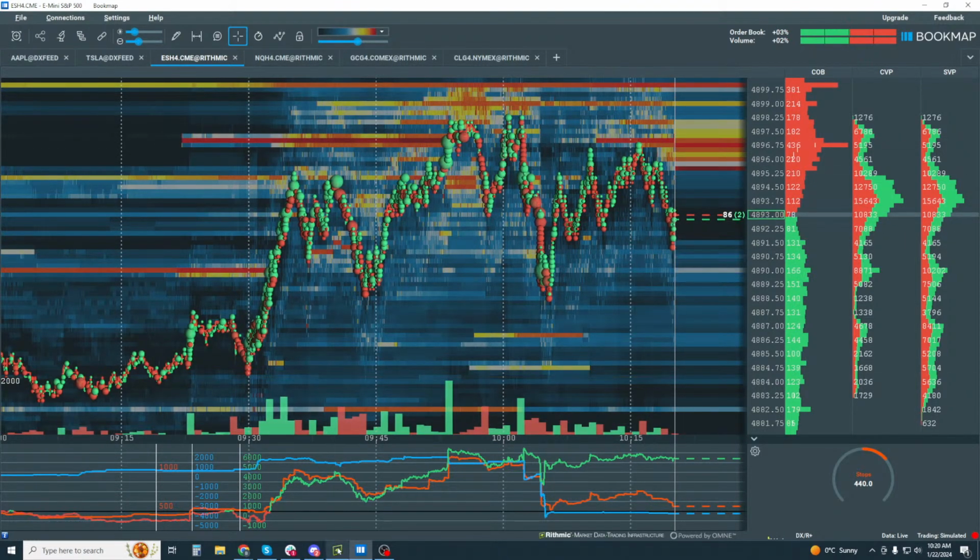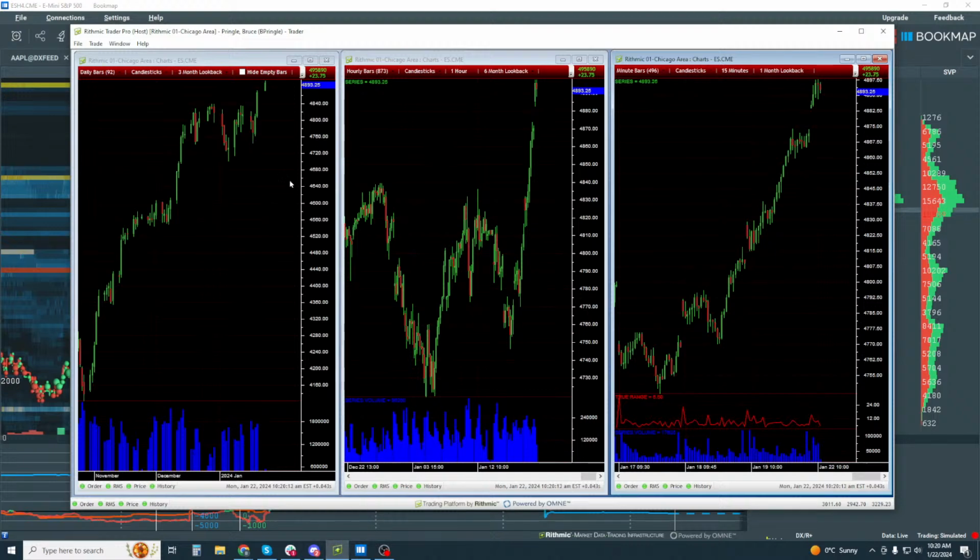Let's look at our bigger picture here, because we need to go over this. This is really important for today. Friday, we had a big breakout, and not only a big breakout, it closed at all-time highs, and it closed here. This is pretty bullish, and you can see it pretty bullish again here today.